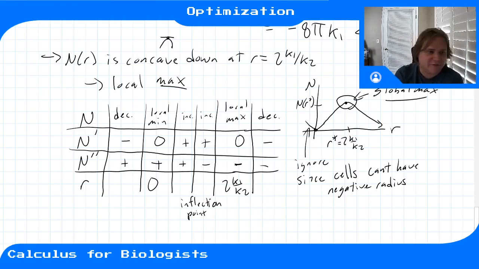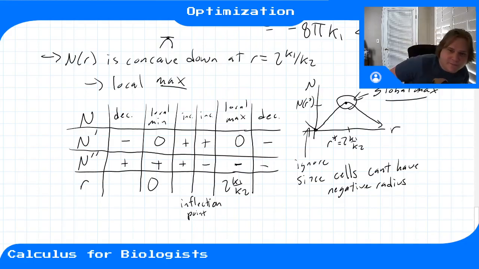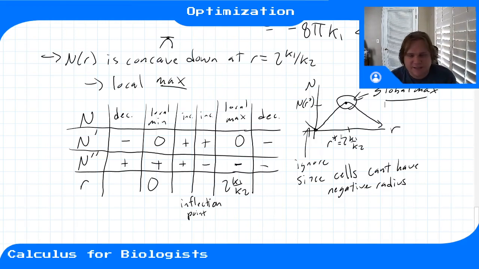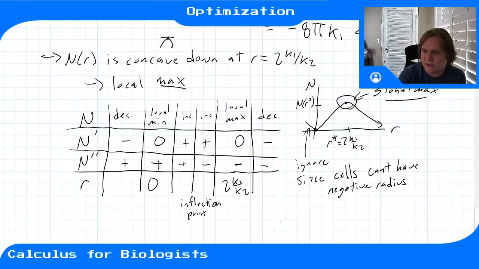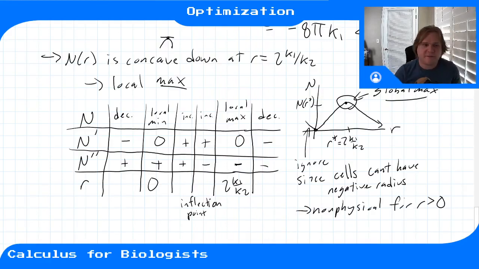And that's often going to be the case for these sort of applied problems: even if you're not explicitly given a domain that's bounded, where you're going to be able to check those endpoints, oftentimes there's only one maximum, and everywhere else is decreasing away from it or unphysical. So this is non-physical on the left. We can ignore the function there because it doesn't make sense to talk about the nutrient absorption and consumption of a cell with a negative radius because that's absurd.